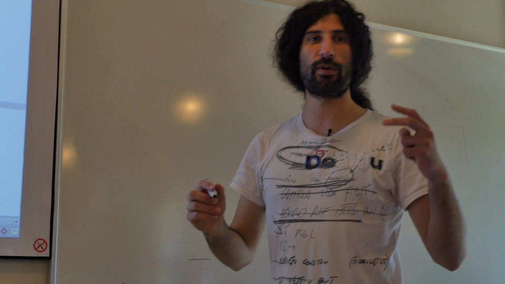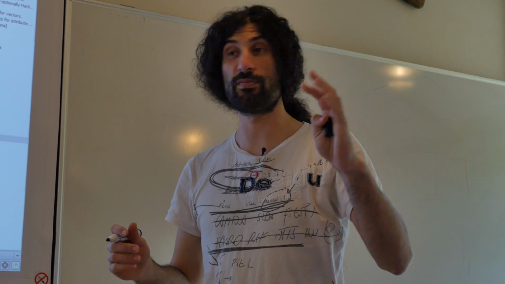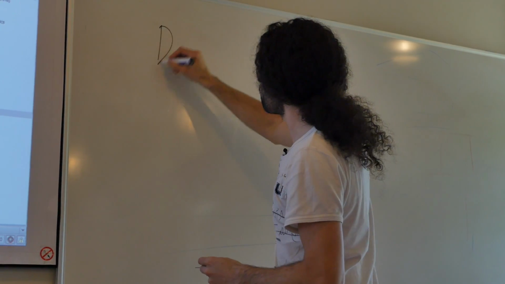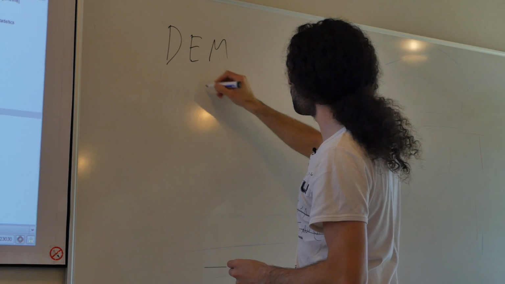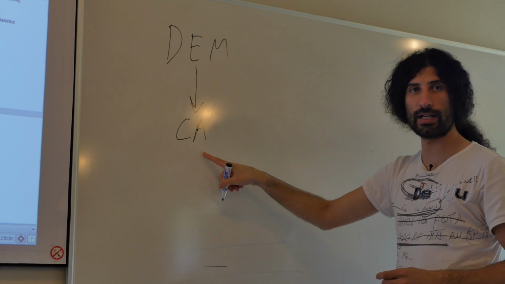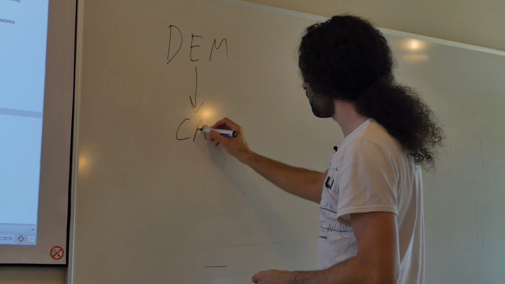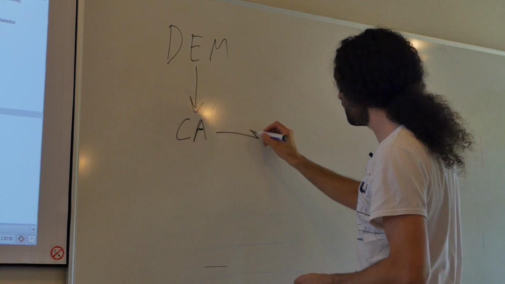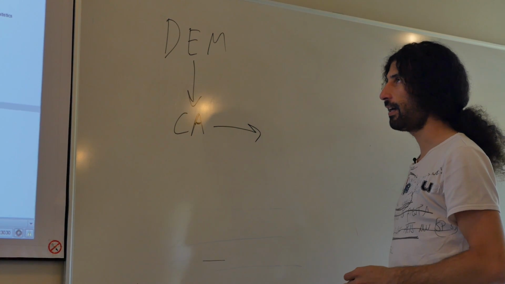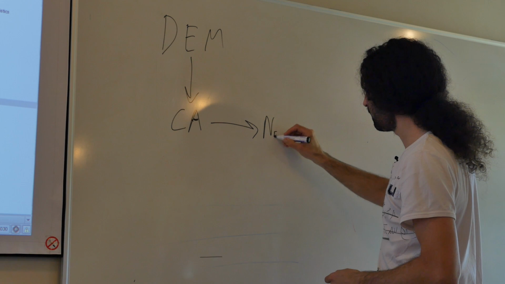Instead of the topographic wetness index, we're going to work with the stream power index, what I mentioned before, right? So we have a DEM. From the DEM, we go to the catchment area, right? We should go to the filled sinks, but I'm skipping that, right? I go to the catchment area. Then from here, I go to the network, right?